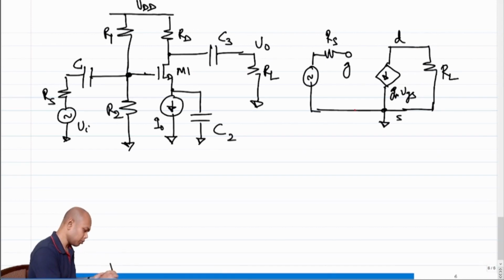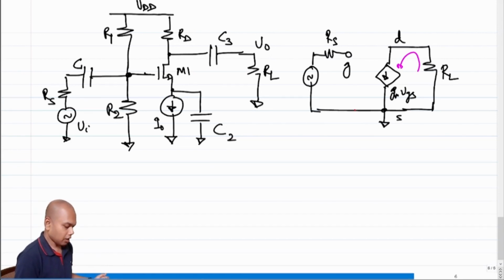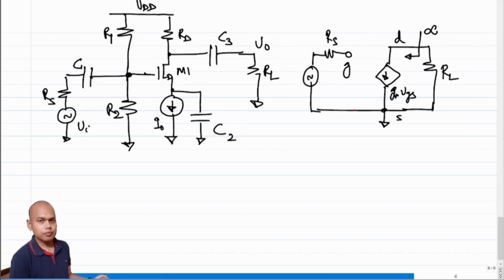And why was this supposed to work? This was supposed to work because all the incremental current at the output stage was supposed to flow into the resistance RL, right? Another way of addressing the same thing is to say that the impedance looking into the drain of the transistor was infinite.